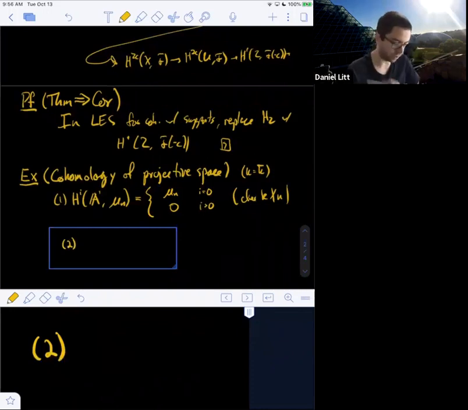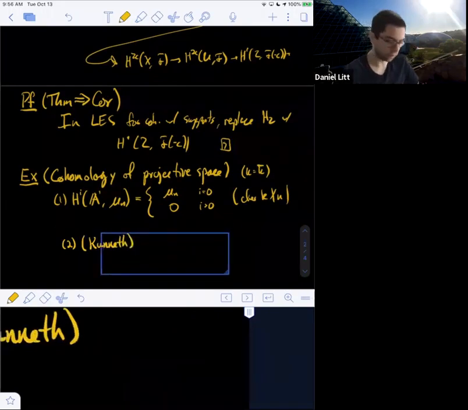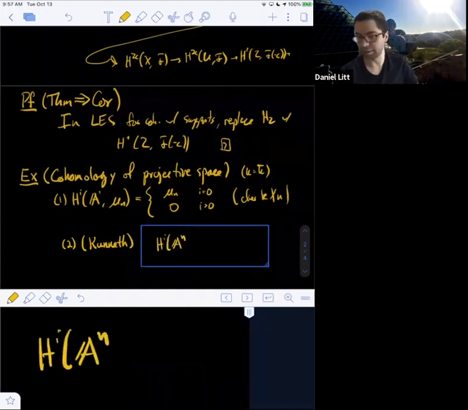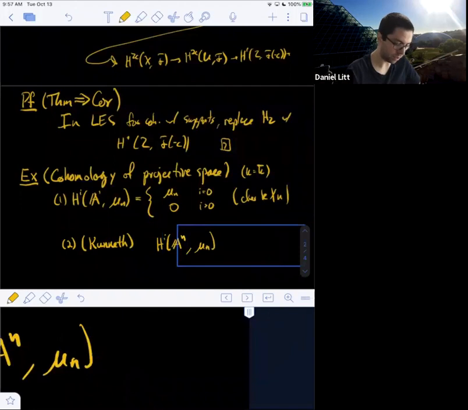Okay. So then step 2, and this I'm going to have to owe you. I'm going to sketch the proof of the Künneth theorem in a couple of lectures, but there's a Künneth theorem that lets us compute the cohomology of a product, and what this implies is that in fact the same thing is true for the cohomology of affine space. There's a little subtlety here I'll talk about when I get to the Künneth theorem, but we get the same computation.